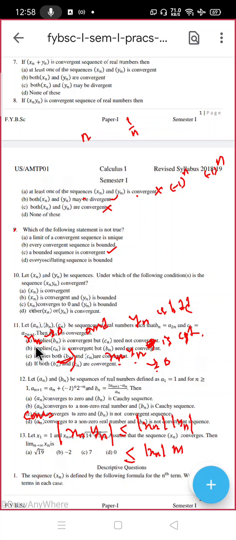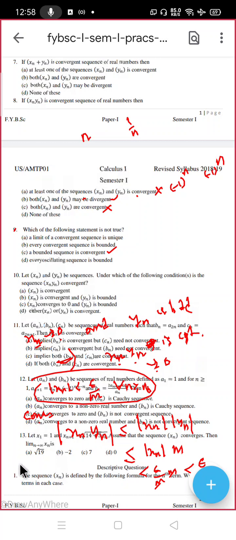And since Xn converges to 0, I'll apply the definition. In the definition I'll write that mod Xn is less than epsilon upon M for all n greater than or equal to n naught. And by using this, it will be less than epsilon upon M. M gets cancelled, so this is less than epsilon.